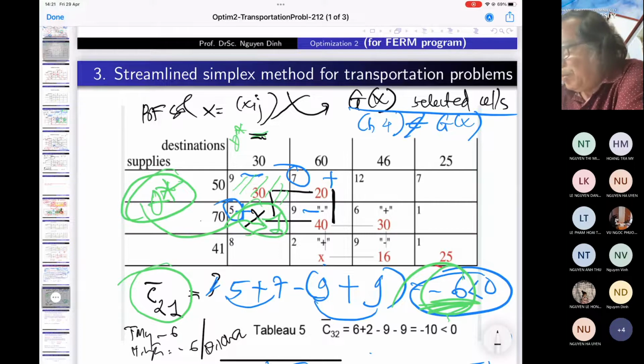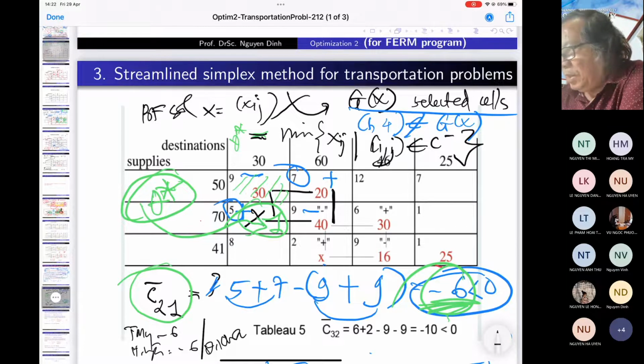Minh Thư, can you repeat? It is the minimum of Xij with ij belonging to C minus. C minus here is C11 and C22. Is that okay?